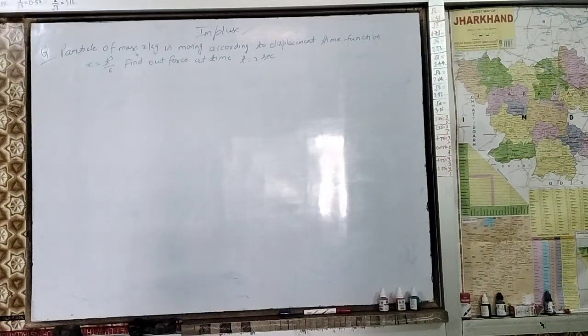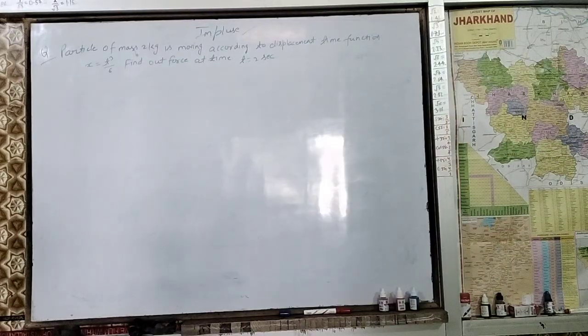This is our question. A particle of mass 2 kg is moving according to a displacement time function, x is equal to t raised to power 3 upon 6. We have to find the force at 2 seconds.